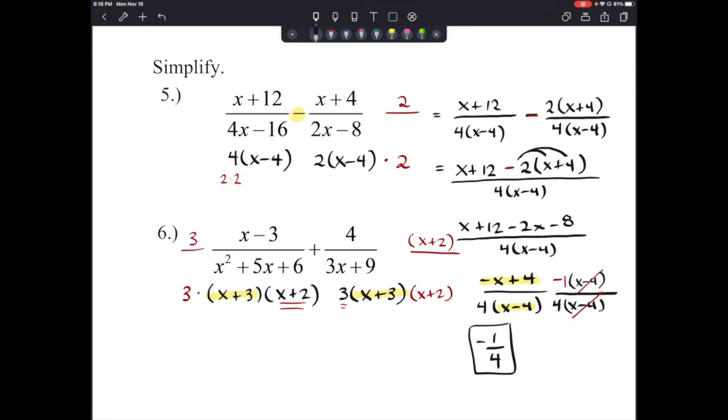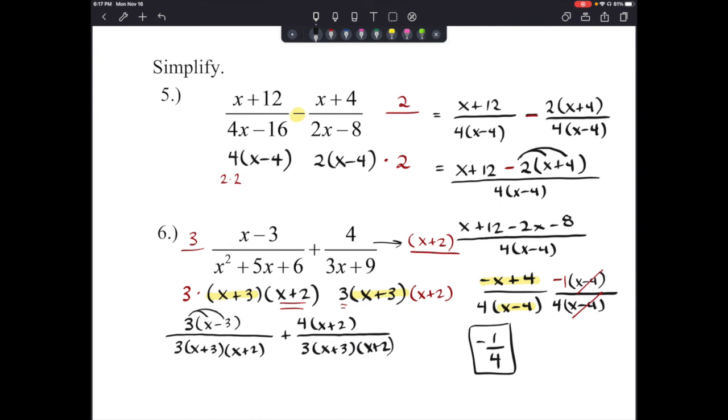And now let's see where we're at. We're going to have 3 times the quantity of x minus 3 over 3 times the quantity of x plus 3 times the quantity of x plus 2. And then we're adding to that there 4 times the quantity of x plus 2, right? That's this one over here. And then it's over 3 times the quantity of x plus 3 times the quantity of x plus 2. Let's distribute through and then combine our like terms.